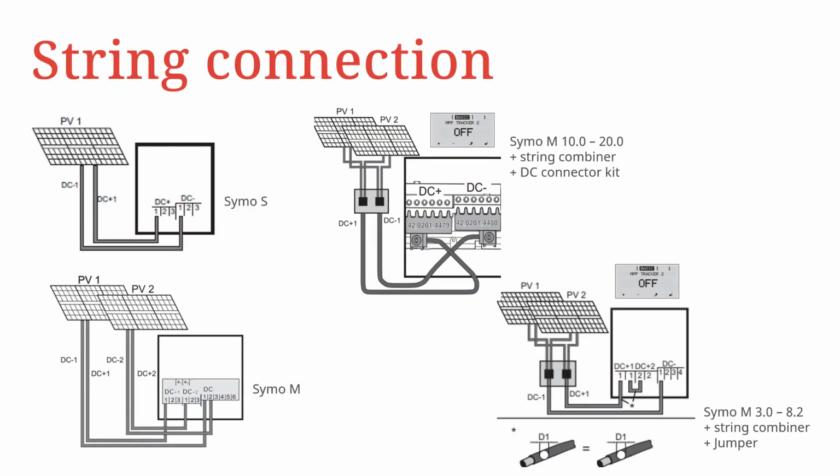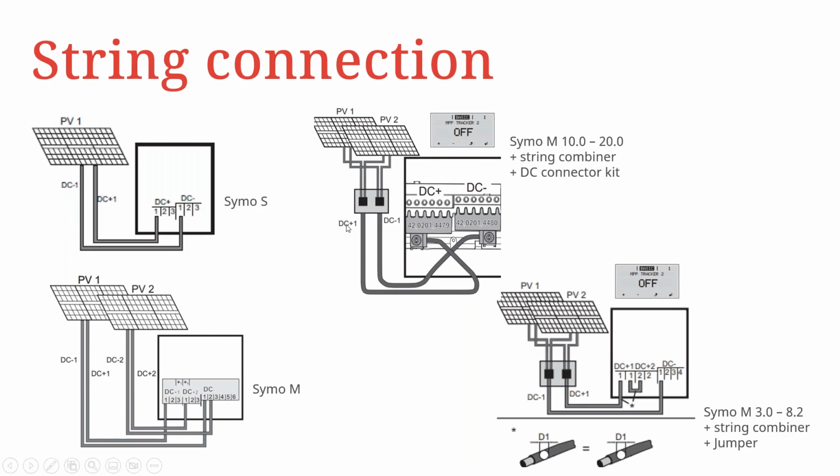So on the string connection point, here you'll have your one array, PV1, so you've got your positive and negative. You'll have it on input 1 and input 1 on the SIMO S. So this is for single string. Whereas for the next example, you've got PV array 1 and PV array 2, and they're going to a PV junction box.